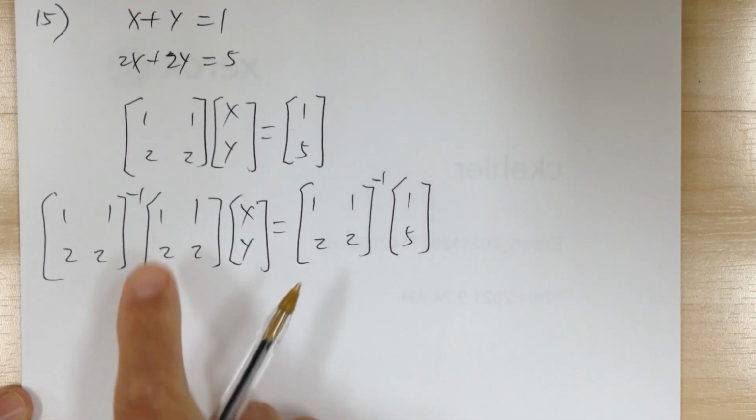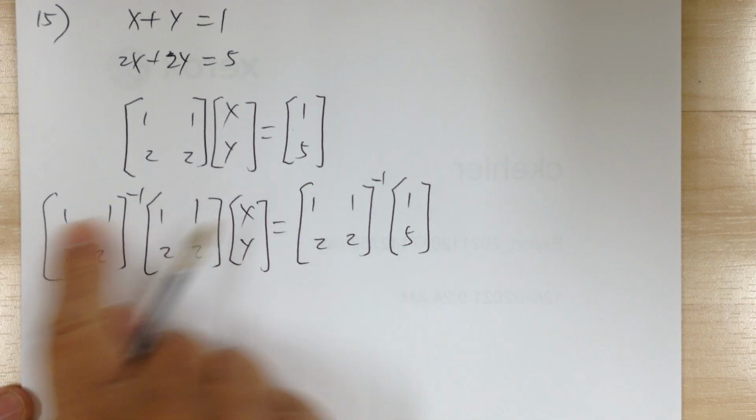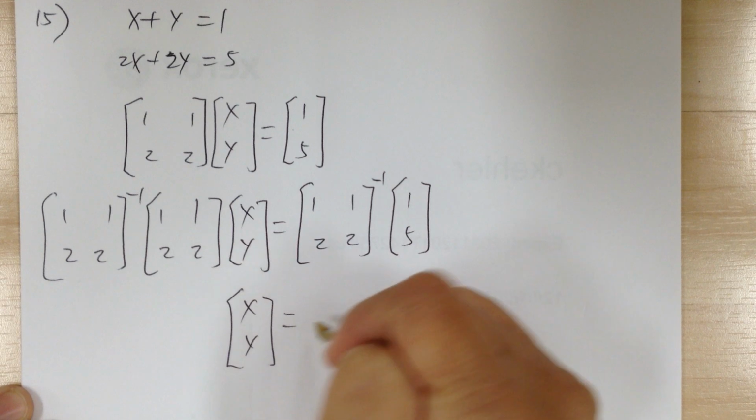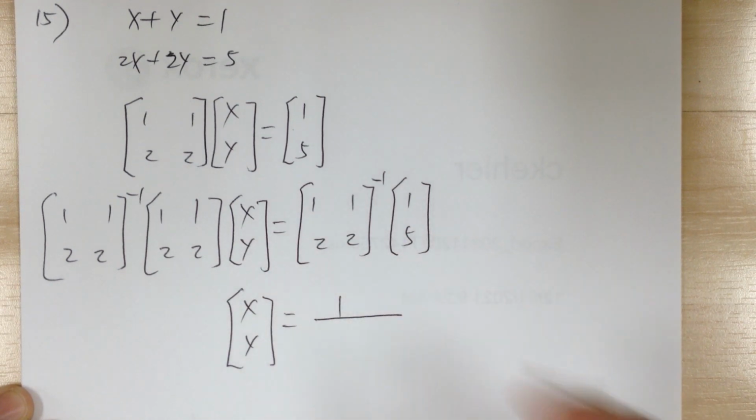That matrix and its inverse will cancel out. That's the whole reason for doing this. Now we have to do the det.